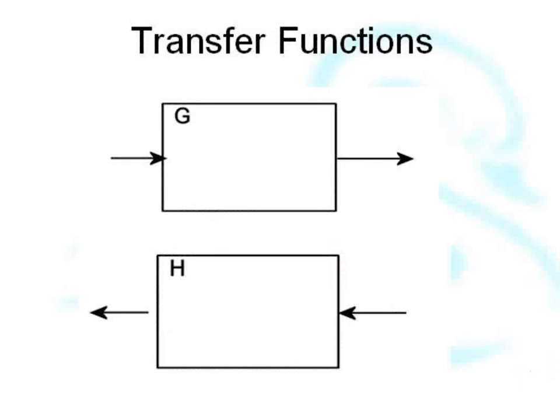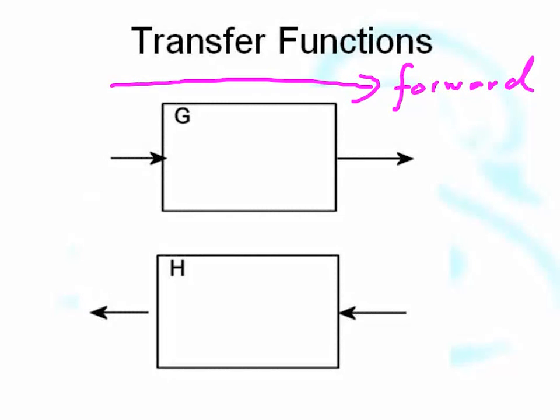Anything else you do via a transfer function. Transfer functions, things come in and things go out, and something gets done to them on the inside. It's a function. When it's going forward in time, we normally label them as G's.